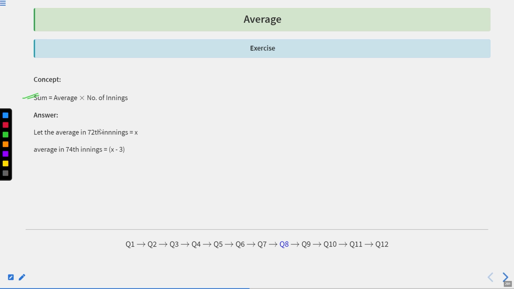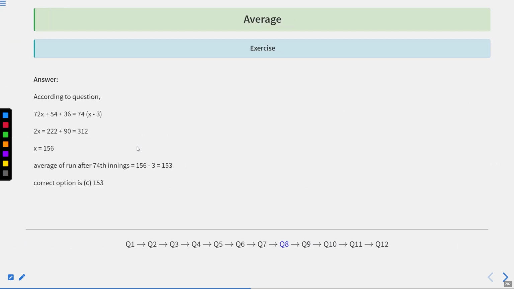So let the average in 72nd inning be x, and it is already given in the question that his average dropped by 3. So the average in the 74th inning will be x minus 3. So according to the question, 72x plus 54 plus 36. So 72x represents the total runs scored by him till 72nd inning, and we are adding 54 and 36.